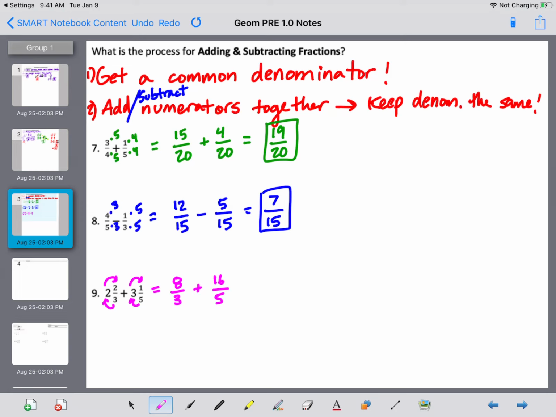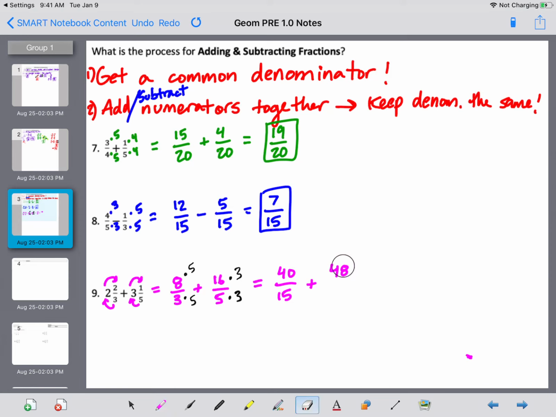All right, now we need to get our common denominator, so we're going to multiply this first fraction by 5, and then the second one by 3. So this turns into 8 times 5 is 40, 3 times 5 is 15, plus 16 times 3 is 48.